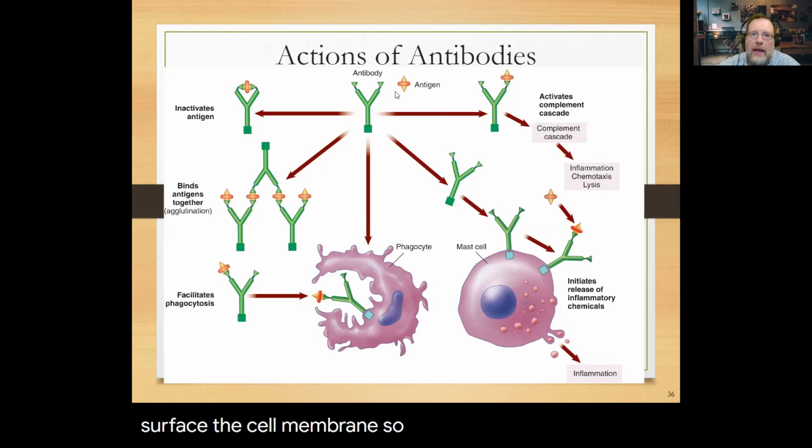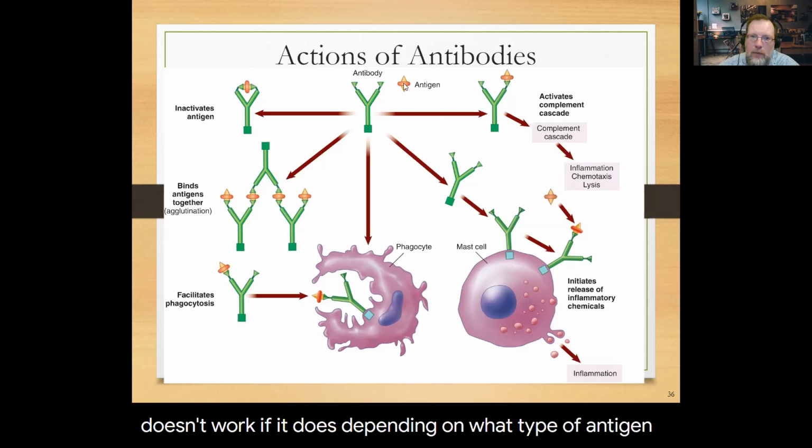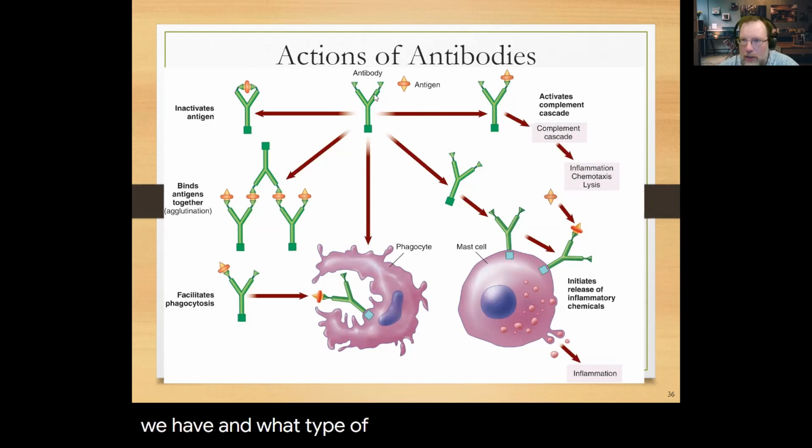These antibodies have little receptor sites, their little keys and locks. So basically, we plug in the key. Does it work? Depending on what type of antigen and what type of antibody we have, it could inactivate the antigen.